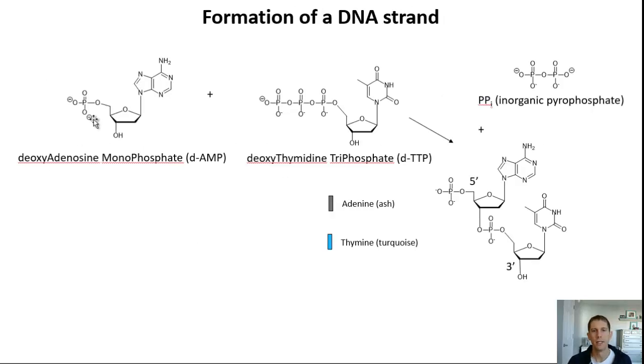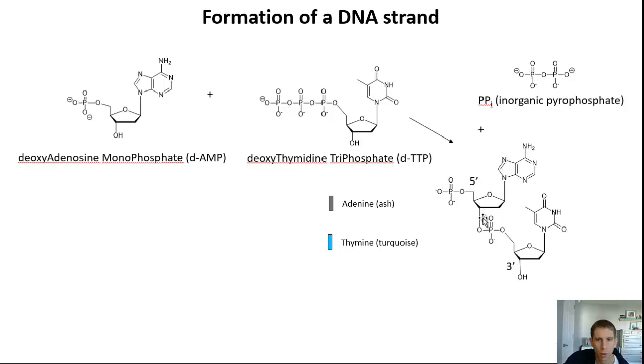When we form our DNA strand, we're actually combining a monophosphate unit with a triphosphate unit, as well as an enzyme to facilitate this reaction. We'll discuss the enzyme in a little bit more detail later, but first, let's just look at the arrow pushing mechanism to form our extended DNA strand. So for our adenosine monophosphate, our adenine nitrogenous base is here and our adenine nitrogenous base is here.